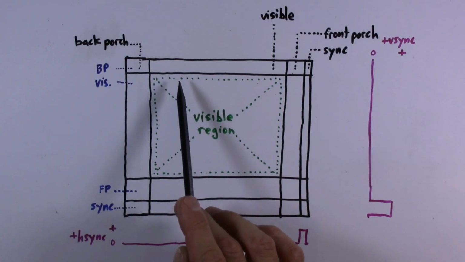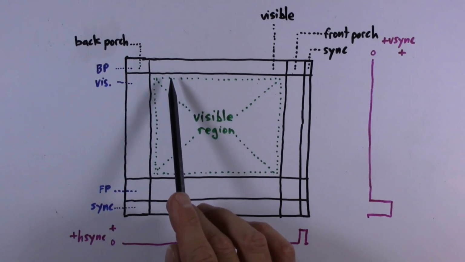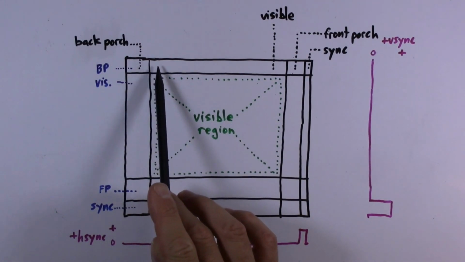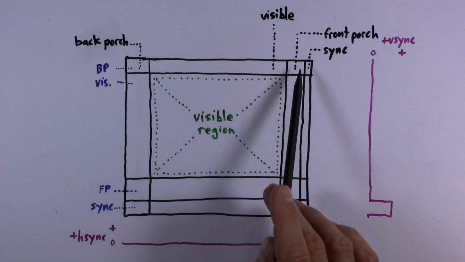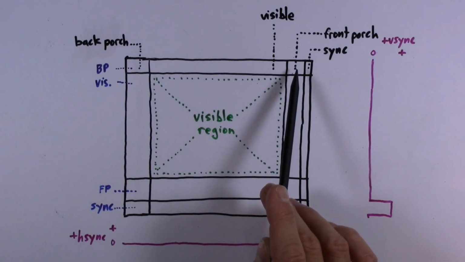So for example, if this is the 800 by 600 SVGA video mode, the visible part of each line will consist of exactly 800 pixel times. So the back porch and the front porch, essentially nothing is going on during those times. No colors are generated and no sync information is generated.